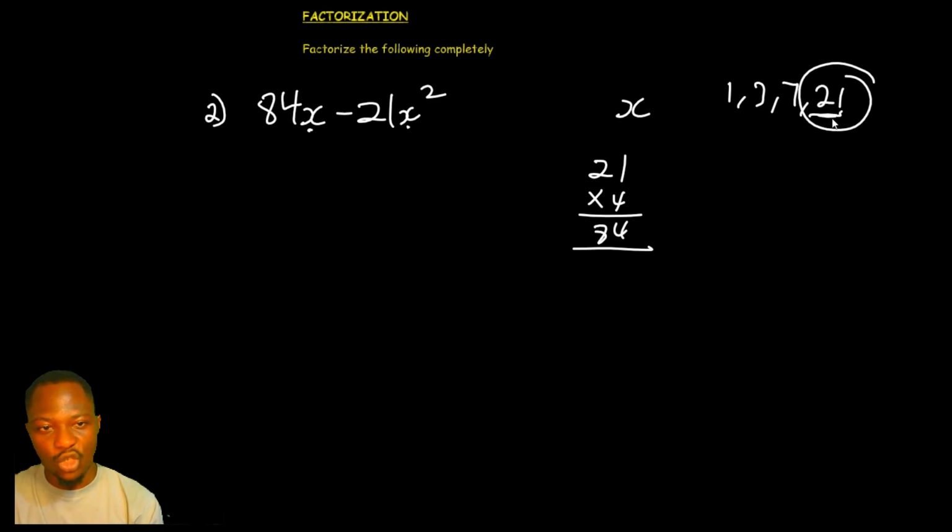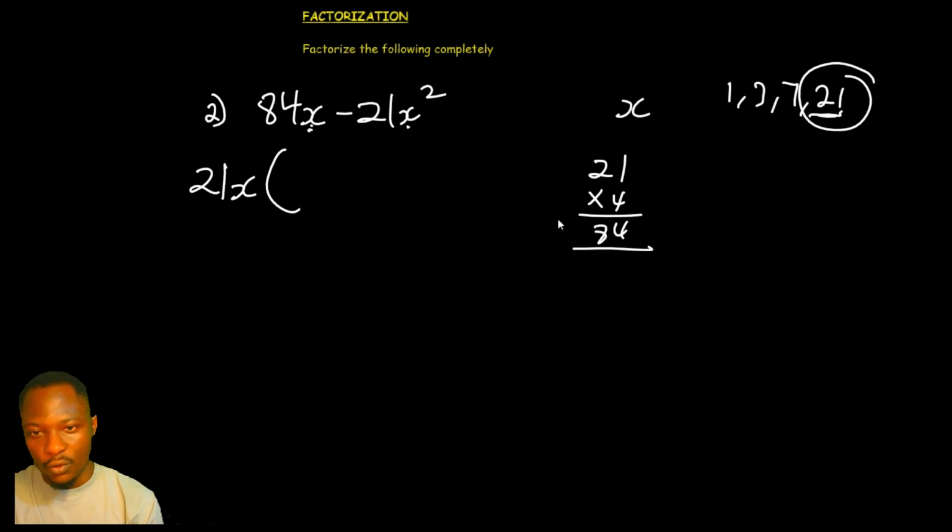So I think the highest common factor between 84 and 21 will be 21. So which means that we need to factor 21 outside. So the 21 and the x will be outside, while the remaining ones will be inside. So here we're gonna have 21x, and then here one of these x is gone, so x is not coming here. And then 84, 21 times what number will give you 84?